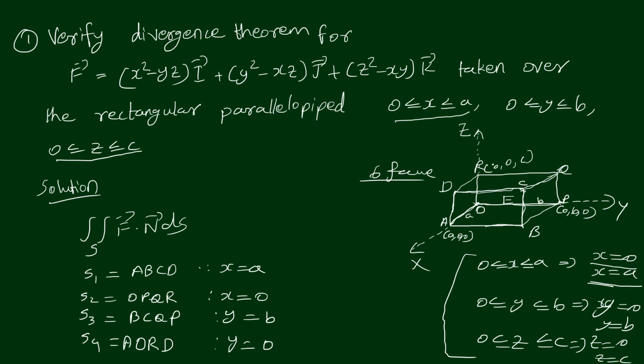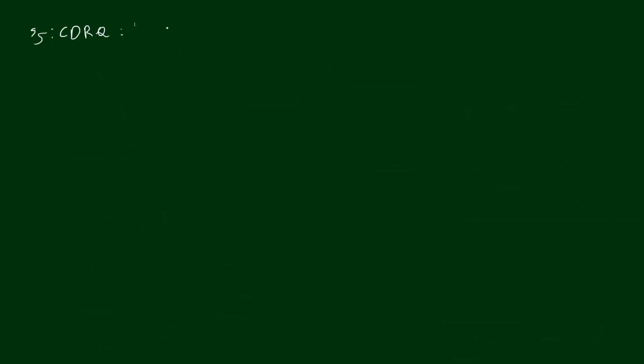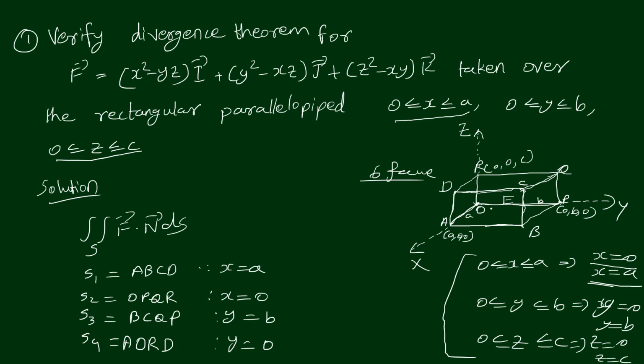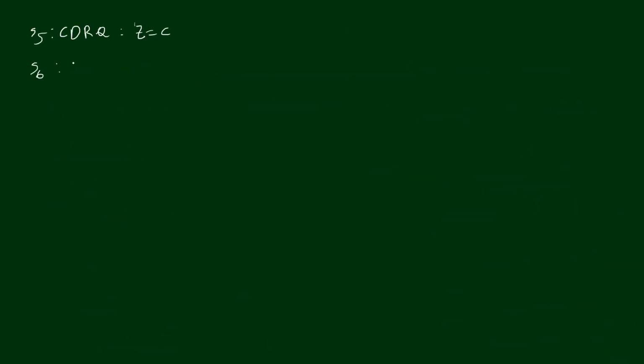The equation is z is equal to c. Similarly, another one, S6, is the plane on the XY plane, that is A, B, P, O. Equation is z is equal to 0. So like this we have 6 smooth surfaces.